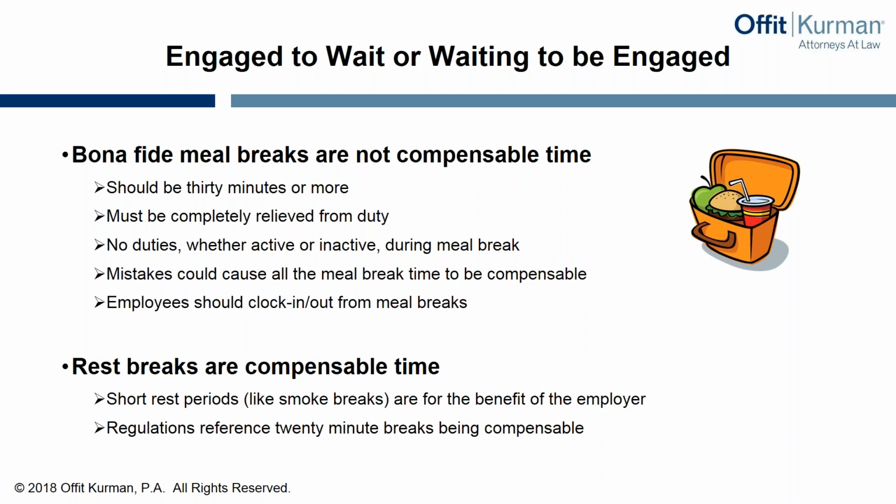Now, the law allows for employers to calculate start time, stop time, and then to automatically deduct a half hour for lunch, as long as the employer has a process or a mechanism by which employees can fill out a form if they missed their lunch or had their lunch interrupted and get that corrected. But I just think there's too much risk associated with that, and I think it makes a lot more sense to have the employees punch out and punch back in around their lunch break.